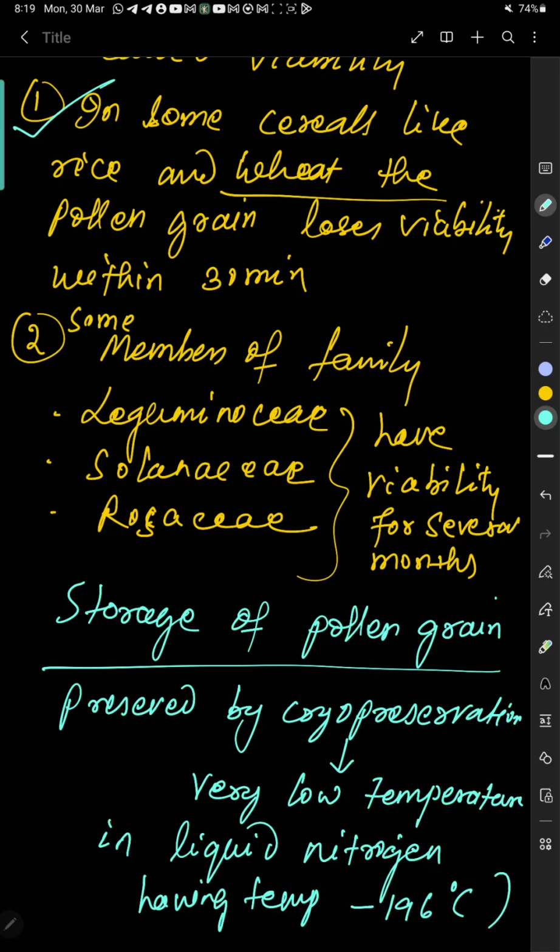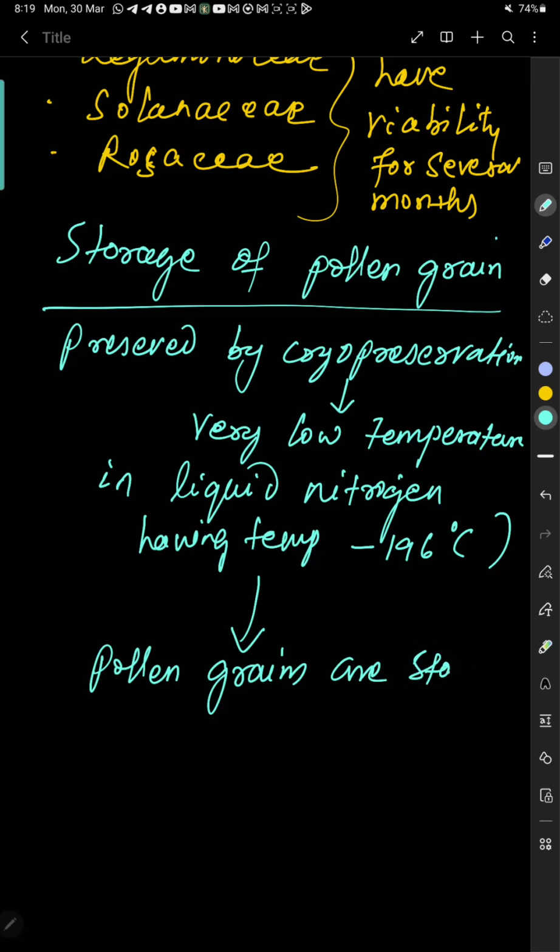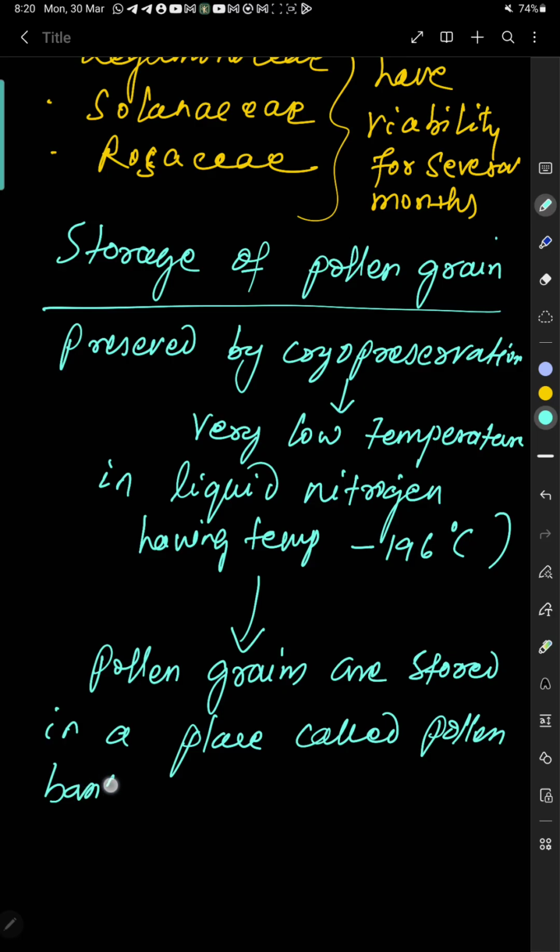Okay, so these pollen grains are stored in a place called pollen bank. This is called pollen bank.